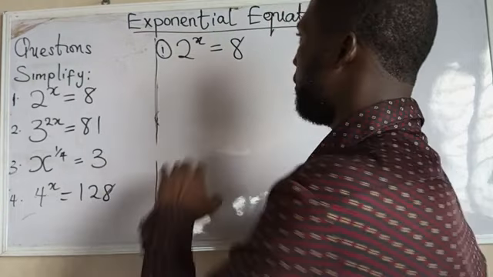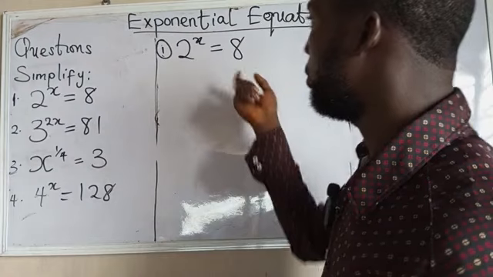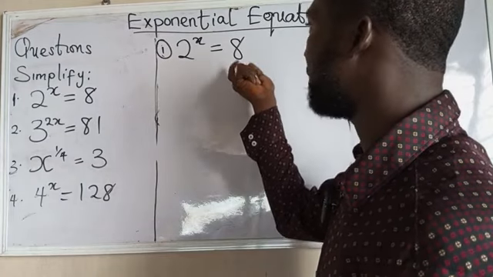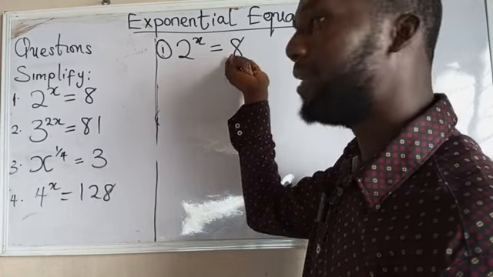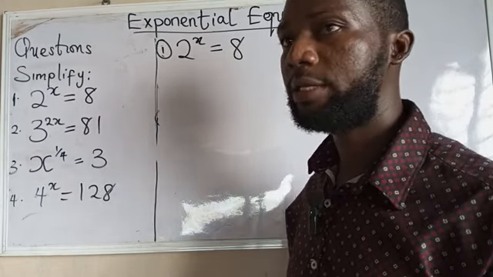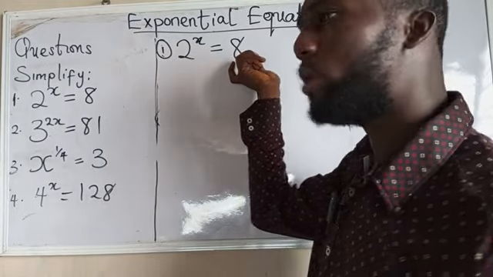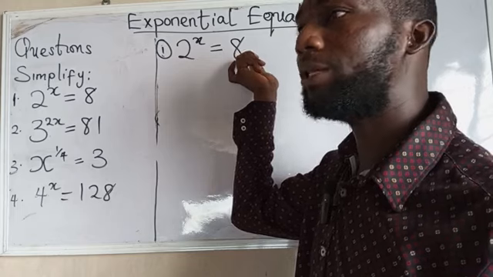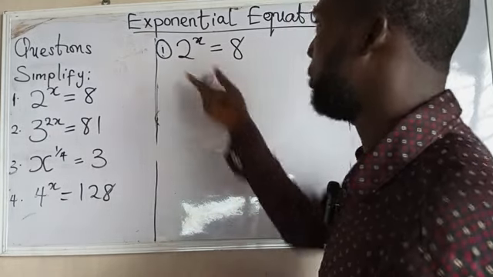Try as much as possible to reduce this 8 to what is called the lowest common base. Now you can see that this is 2.